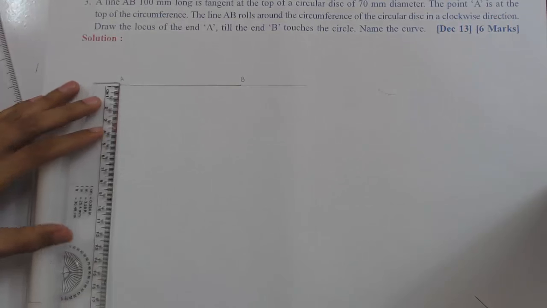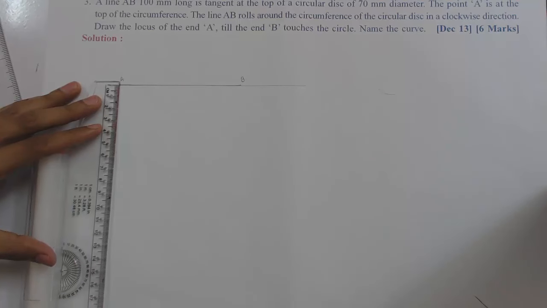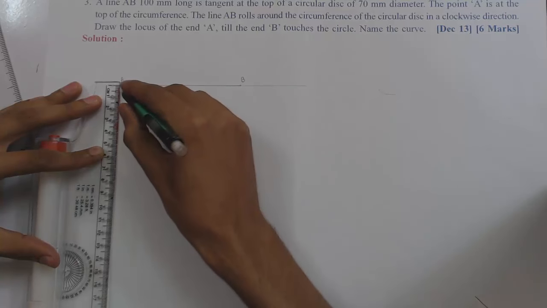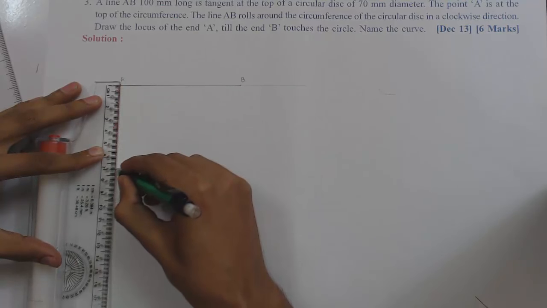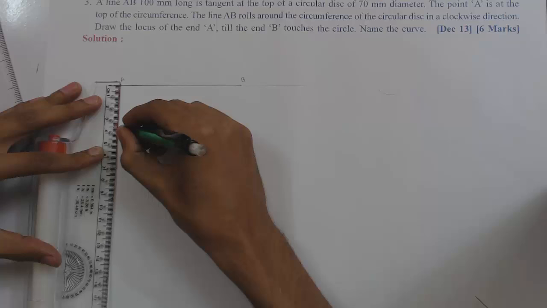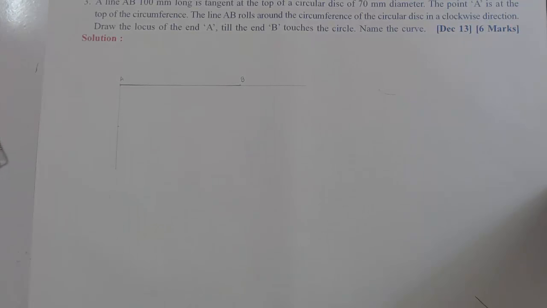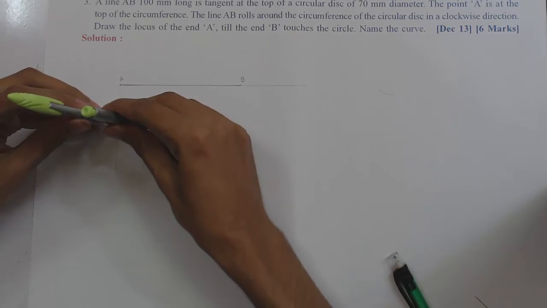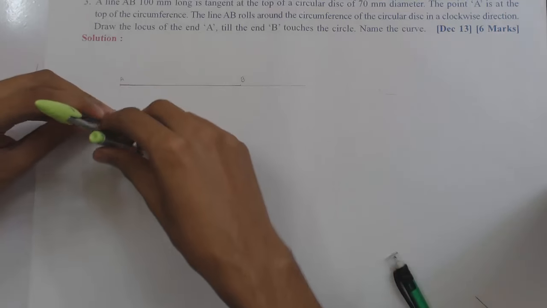So I will measure the diameter of 70 mm. At the same time, I will mark the midpoint of that to get the radius, which is 35 mm. So with this center, I will draw the circle such that it is tangent at point A.